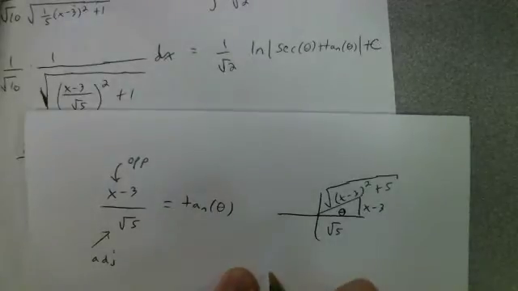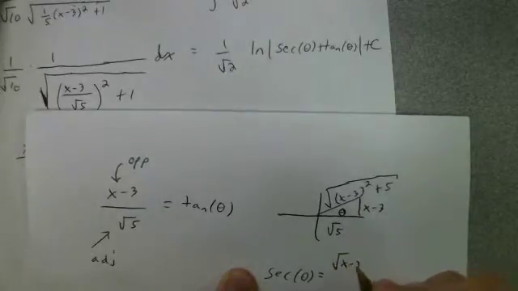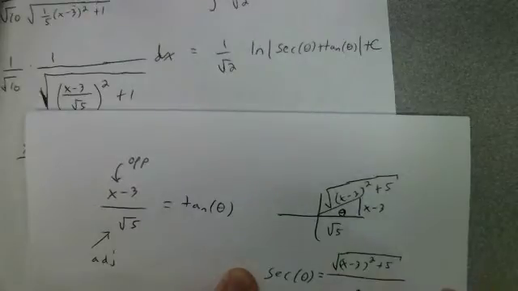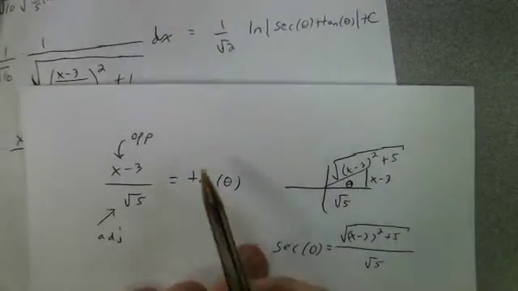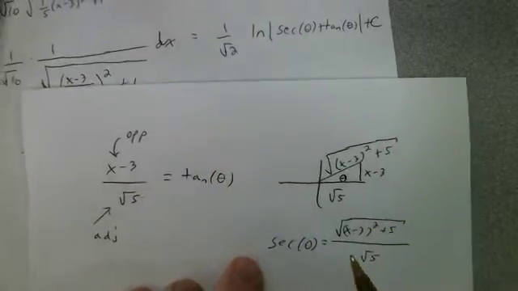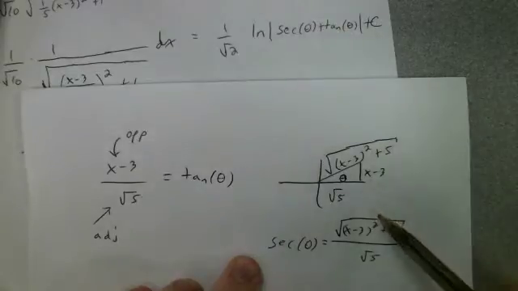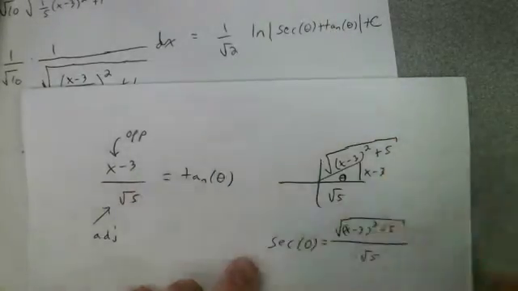So if I want the secant of theta, it is hypotenuse over adjacent. If I want the tangent of theta, well, I guess we already know the tangent of theta. It's x minus 3 over root 5. Great, so I take secant, I replace it with this whole mess. I take tangent, replace it with that, and I'll be done.